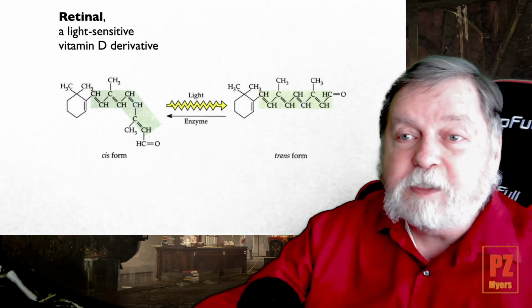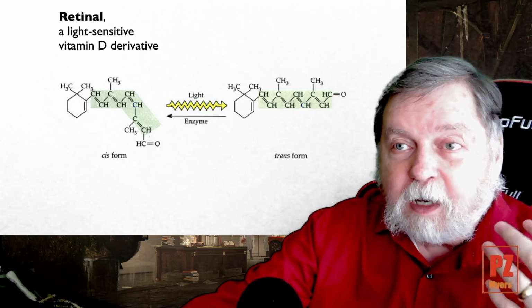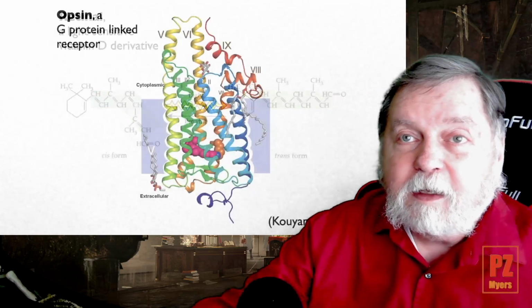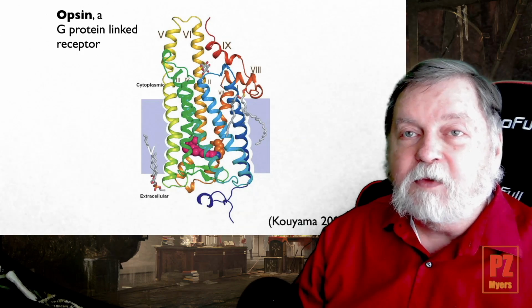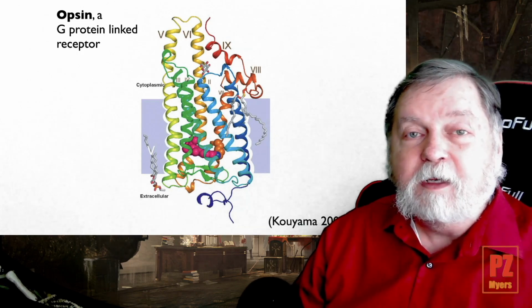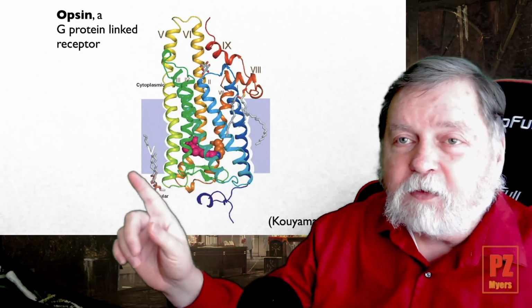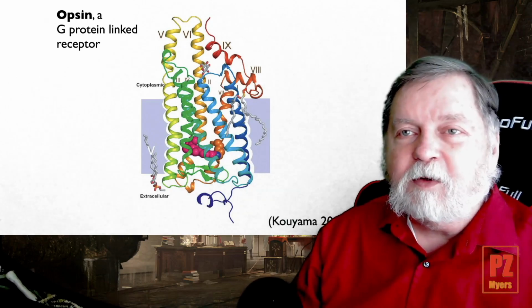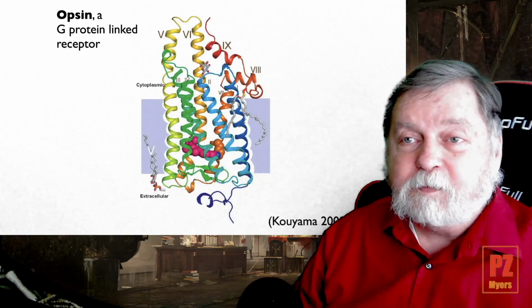Okay, there's another step to this, though, that we have to consider. So we've got retinal, which undergoes this conformational change in the presence of light, and retinal boosts the performance of this molecule. This is a protein. This is opsin. And retinal is embedded. Let's see if I can see that kind of pink thing right there? That's the retinal molecule inside of the barrel of the opsin molecule.